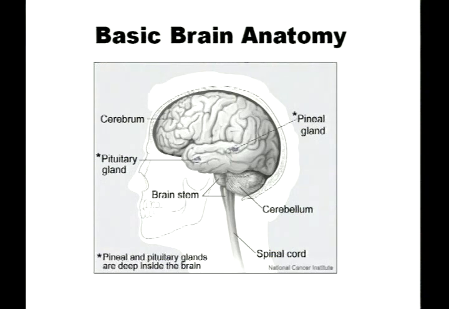Okay? And then, in addition to protecting your brain, that skull also supports it. And so there's some places where the brain almost rests on parts of the skull. And the thing to remember is, have you ever looked at the inside of a skull, like in a skeleton or something? Is it a smooth surface?